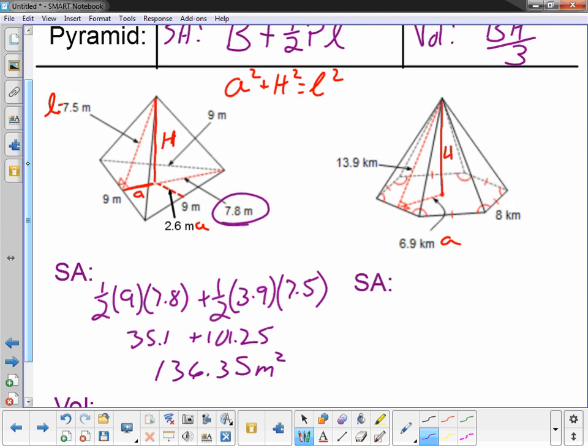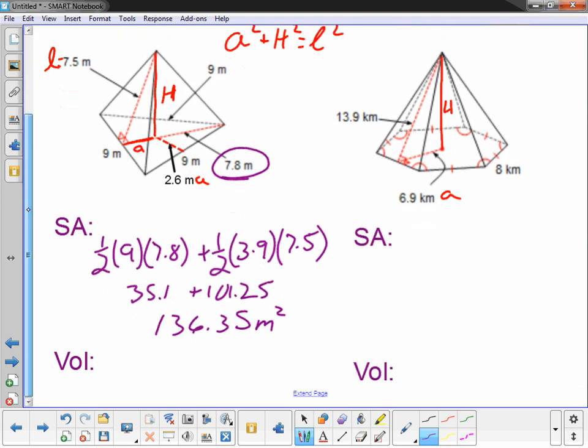The volume is the area of the base times the height divided by 3. The area of the base is easy: 1/2 times 9 times 7.8. Now, for the height, we have to use the Pythagorean theorem and work that out. So 2.6 squared plus h squared has to equal 7.5 squared.